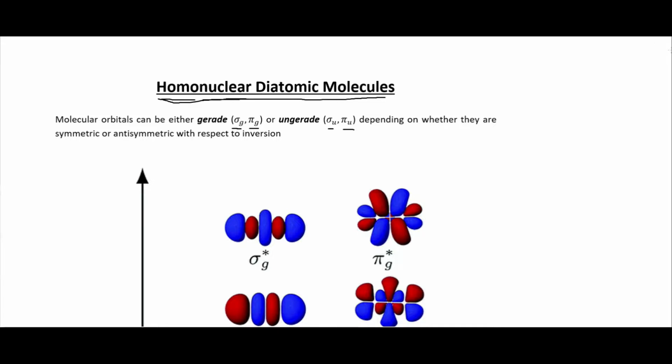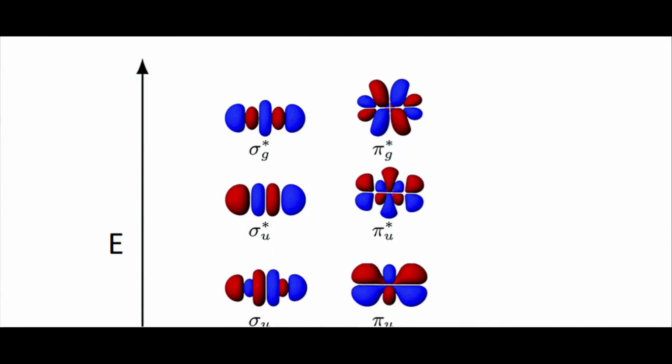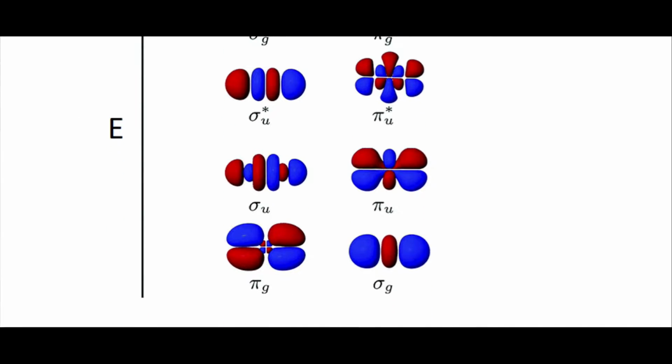And so this is an illustration of what these look like. If we go down here, our sigma g and our pi g, the sigma bond is obviously the single bond, where the two things are pointing right at each other, like a p orbital and another p orbital, or a p orbital and an s orbital.